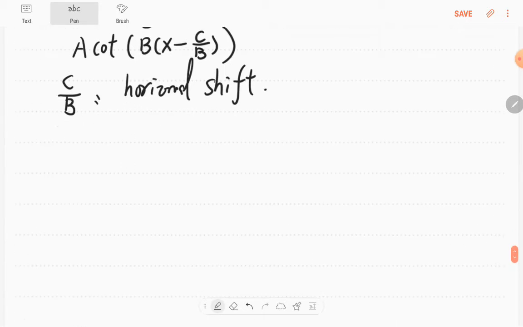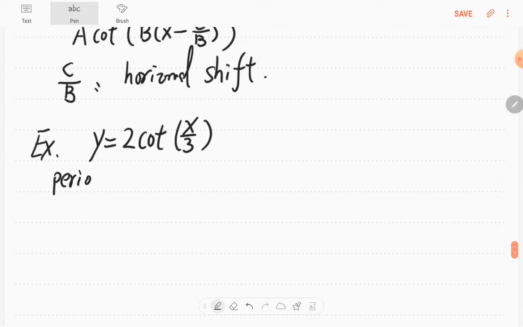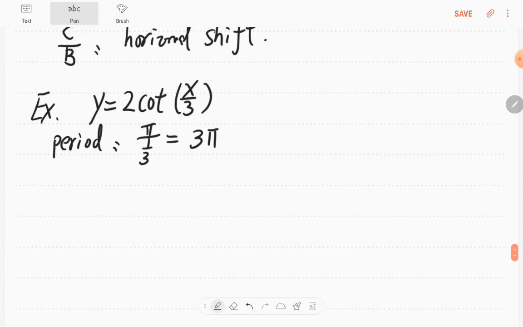Okay, so now we use an example: y equals 2 cotangent of x over 3. Here we can see that the period is pi over 1/3, so this is 3 pi, right? If we want to sketch the graph, we need to know the principal cycle.